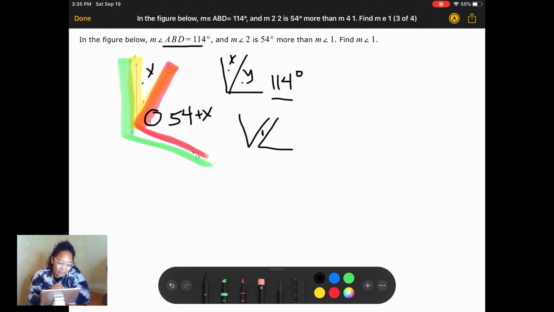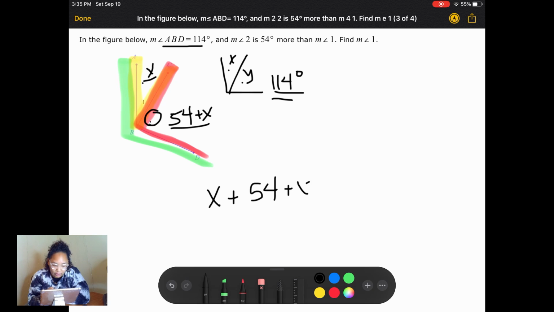So if I know that this guy plus this guy equals 114, I can move on forward with the question. So I can say X plus 54 plus X equals 114 degrees.